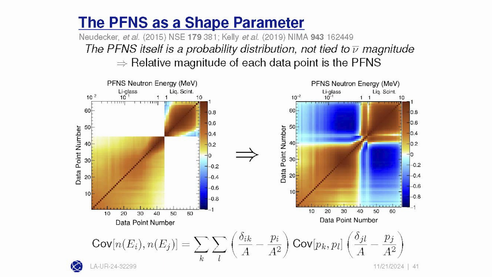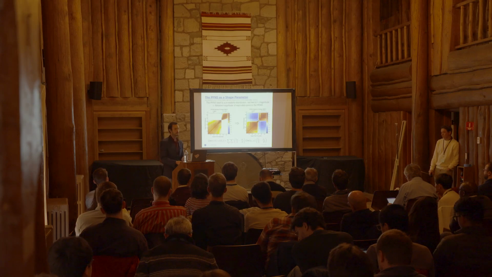It turns out if you consider the PFNS as a shape and you carry out this covariance normalization procedure as opposed to a scaling, you get this exact same correlation pattern no matter what you choose. You can move this one up here, this one down here, or move them both together, and you get the same exact answer because it's a probability distribution and all that matters is the relative points. And so that's what we did, and that's what this is reflecting. This is pre this calculation and this is post this calculation.